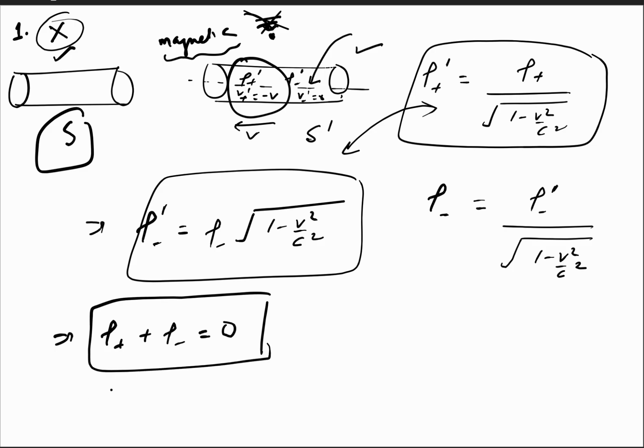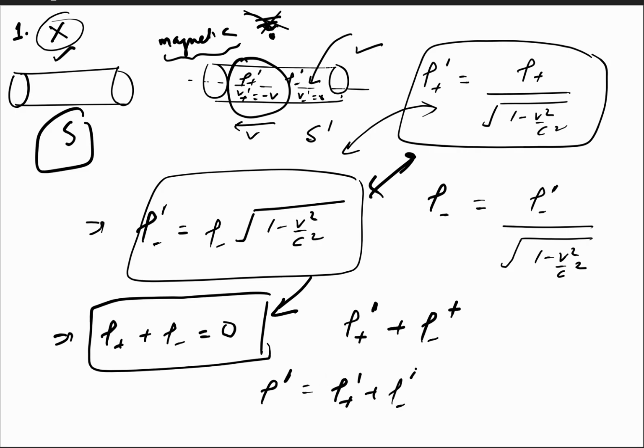Now we need to find the total charge density in the moving frame. The total charge density in the moving frame will be rho plus dash plus rho minus dash. So from these two equations and this equation, I can find the charge density in the moving frame, rho plus dash plus rho minus dash, equal to rho plus v square by c square over 1 minus v square by c square.